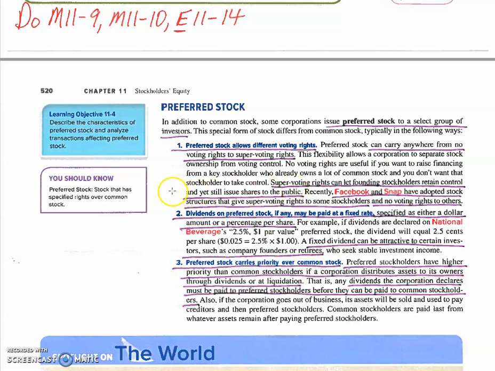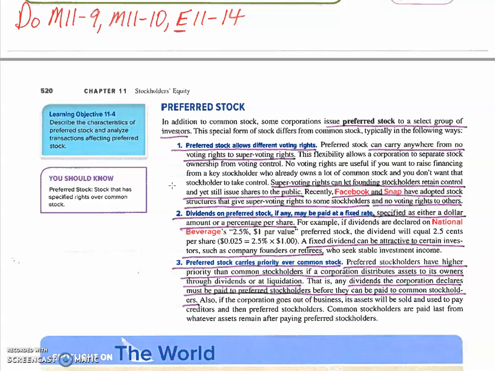And a lot of tech companies have done that before their initial public offering. They have created some super voting preferred stock, issued that to the founders of the company, and allowed the founders of the company to maintain a lot more control while giving up a chunk of the common stock ownership.